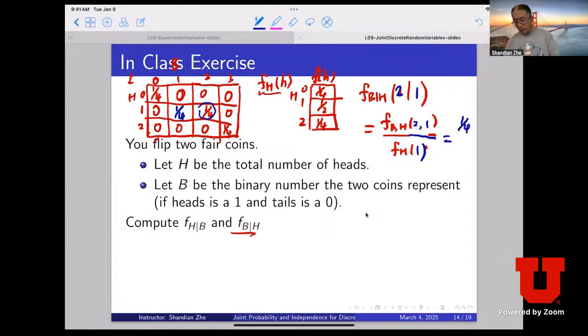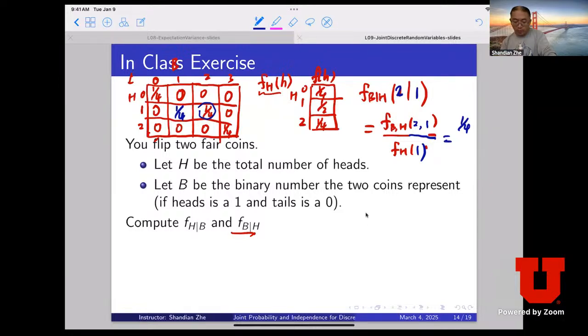So what's the marginal probability density for H, where H is 1? It's 1/2. Yeah, sum the row, right?